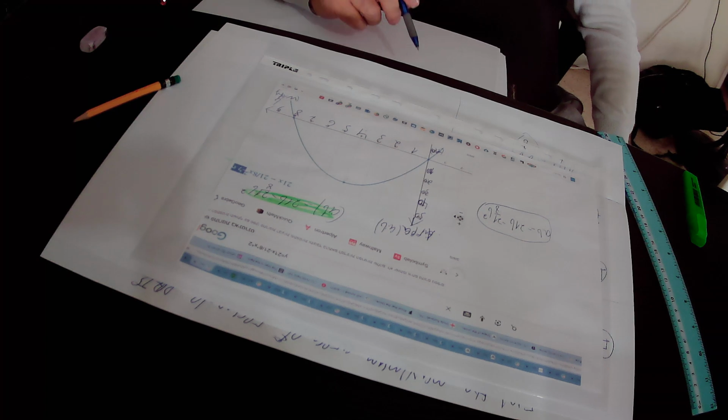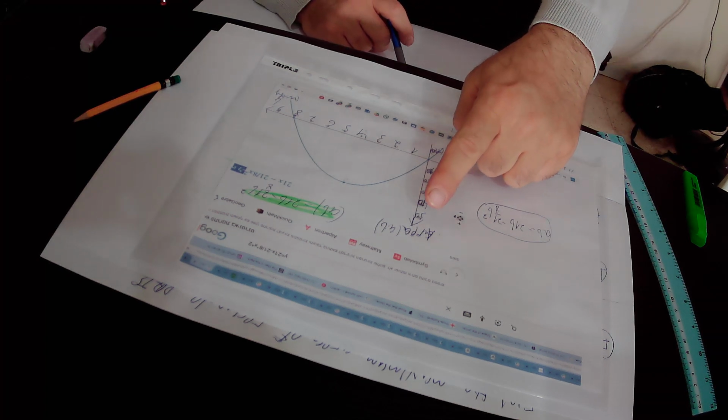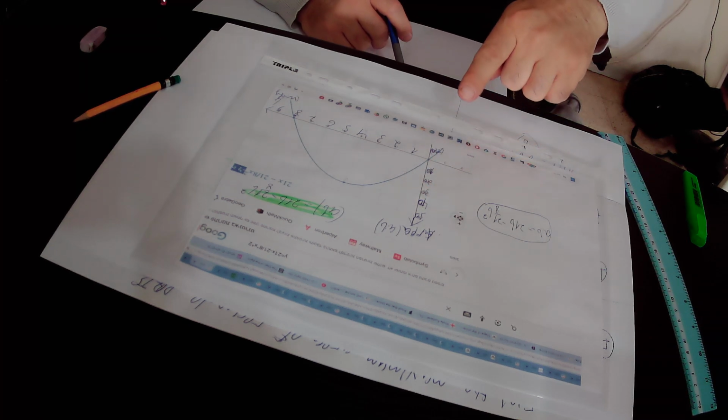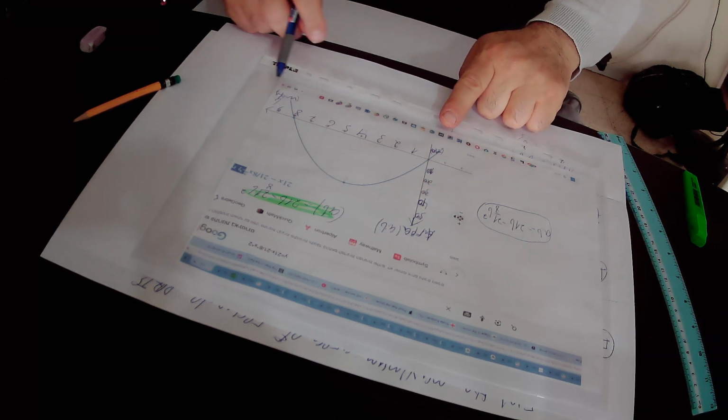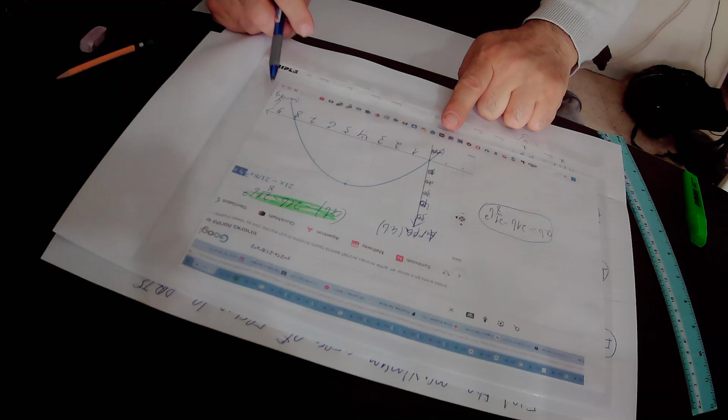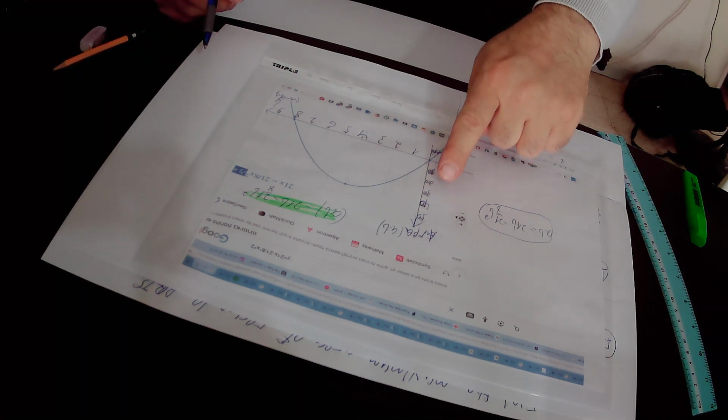And from this function area, here the y-axis is the area, and in the x-axis we have the width b. Repeat again, in the x-axis we have the width b, and in the y-axis we have the area.